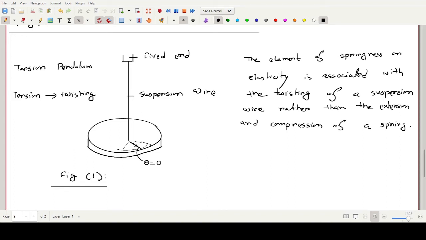If you neglect all resistance effects, then the oscillation will continue. So this is the angular simple harmonic oscillator.